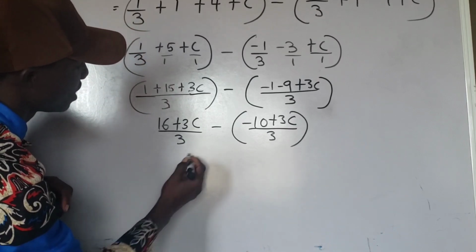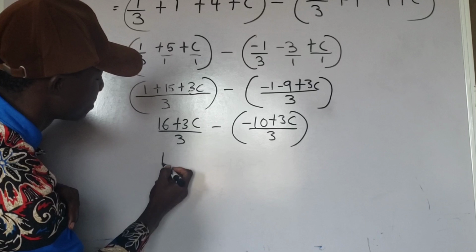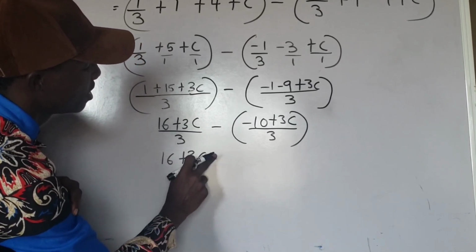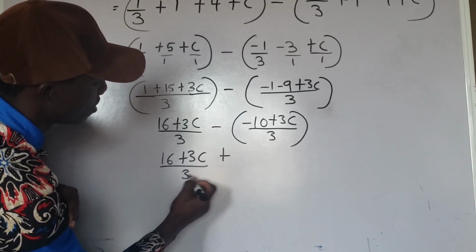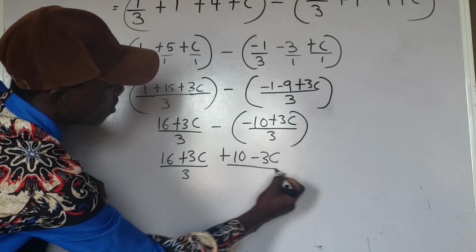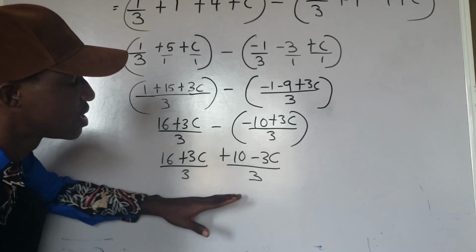Let us open the bracket, using this minus. I'm going to have 16 plus 3c, and negative times negative 10 is positive 10, negative 3c, all over 3. Now, the next step is to take the LCM.